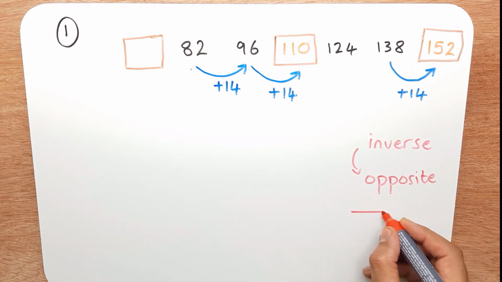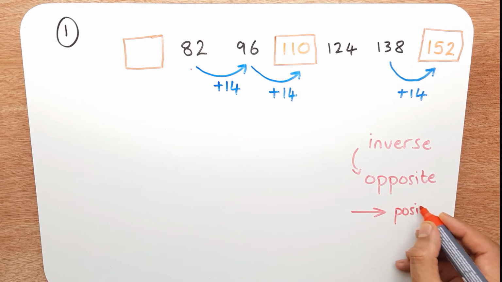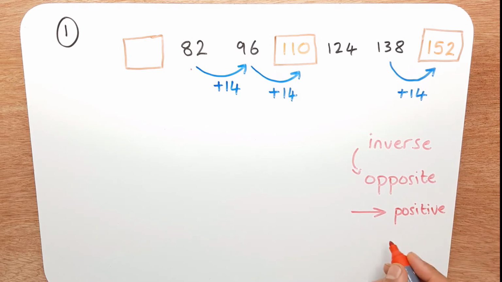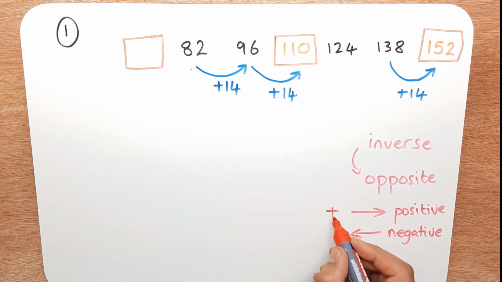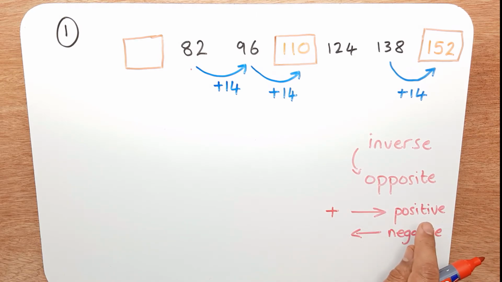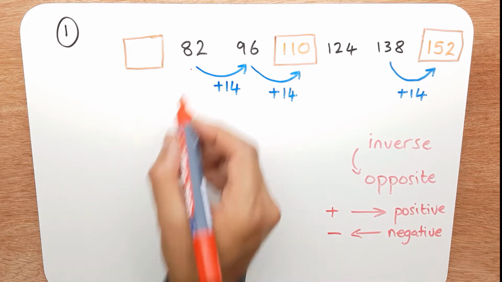So it's forward, positive, and backwards will be negative. So if we add going forwards, we're going to take away going backwards.